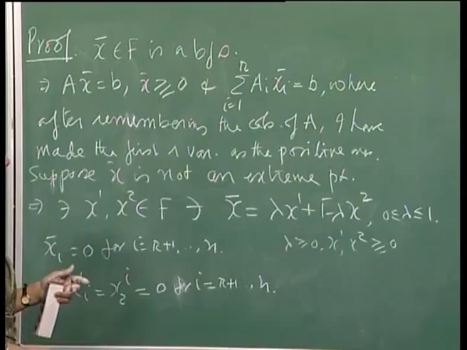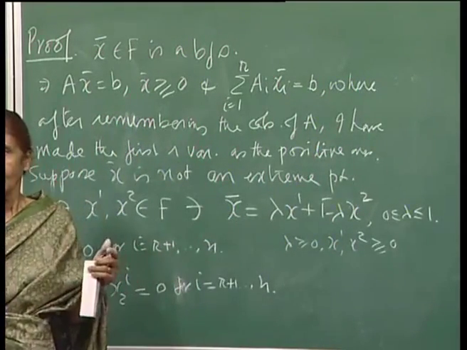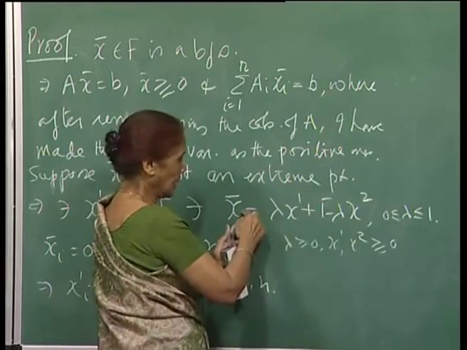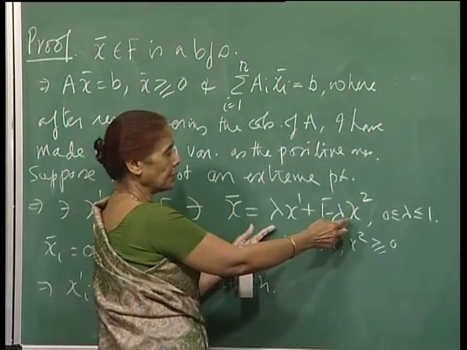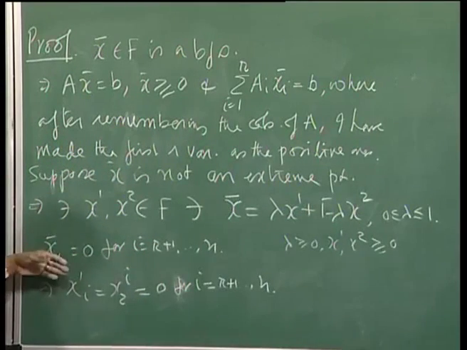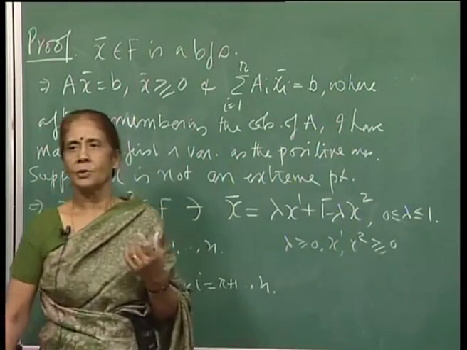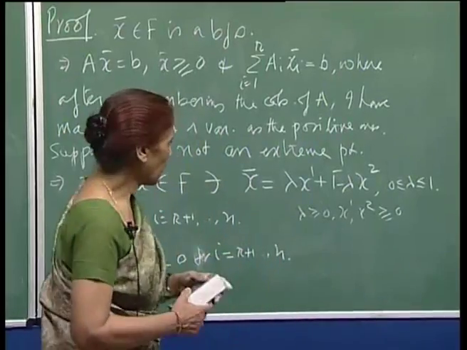We are starting with the assumption that x bar is not an extreme point. So, I can find x1 and x2 such that x bar is expressible as a convex combination of these 2 points. But then since the last n minus r components of x bar are 0, it implies that the last n minus r components of x1 and x2 must also be 0, right. Okay.